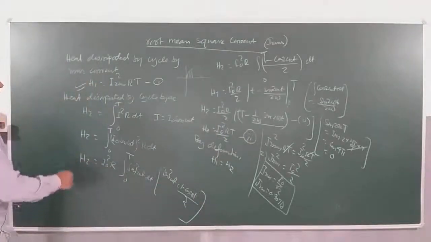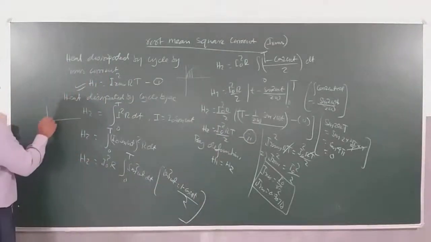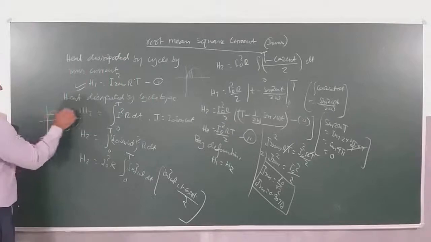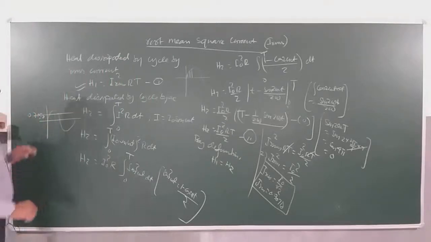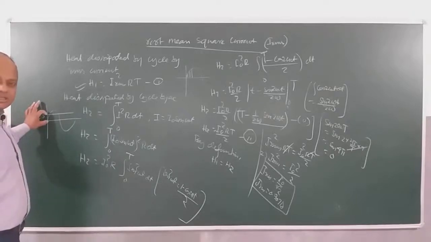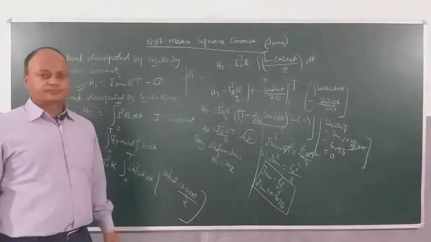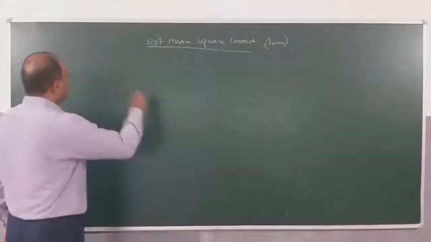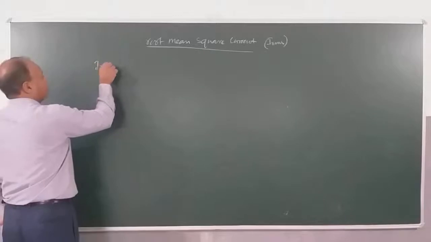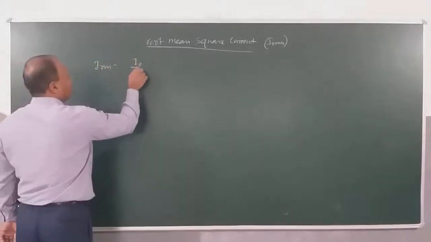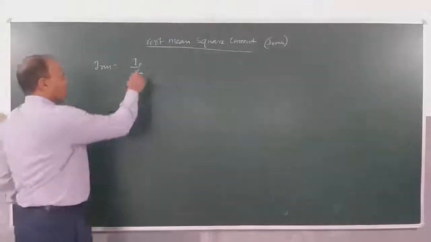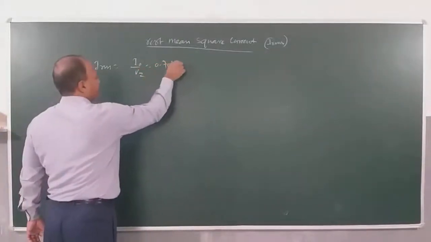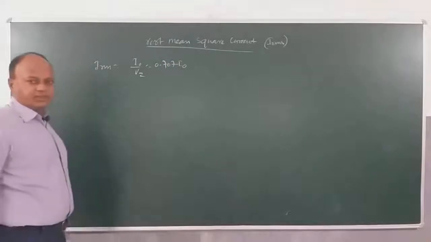Meaning, if this is your alternating current, nearly this current, 0.707 I naught, will act as steady current or uniform current. So children, we got I RMS is equal to I naught by root 2, or 0.707 I naught. Clear?